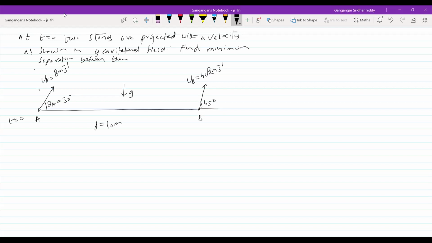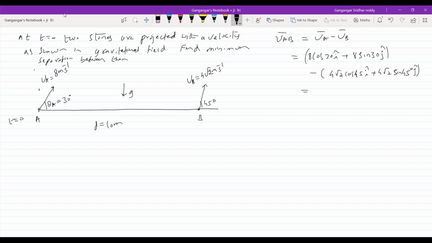Okay, what shall I do now? Now U_AB bar is equal to U_A bar minus U_B bar. U_AB bar is 8 cos 30 i cap plus 8 sin 30 j cap, minus 4 root 2 cos 45 i cap, 4 root 2 sin 45 j cap. 8 cos 30 is root 3 by 2, so 4 root 3 minus 4.